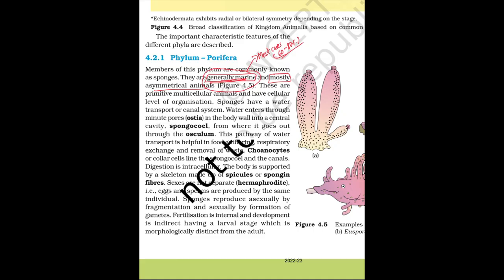So generally means 60 to 80%. This feature is not found in every animal of this phylum, but in 60 to 80% of them. So you can say that usually, in most cases, it is true in the group.